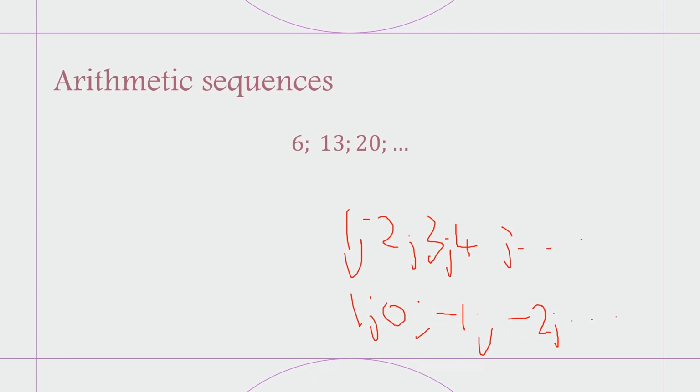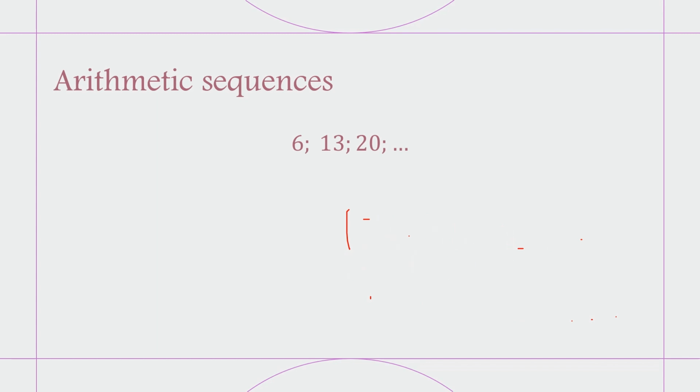But there is what we call a constant difference, which is the one that helps us identify whether our sequence has a constant number that we are adding throughout, or subtracting throughout. We call this a constant difference. So how do we identify this constant difference? The difference between two consecutive terms must be constant.